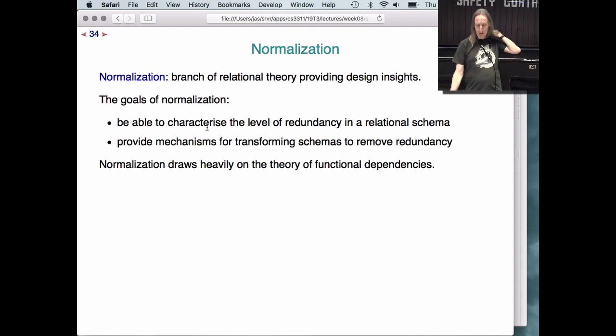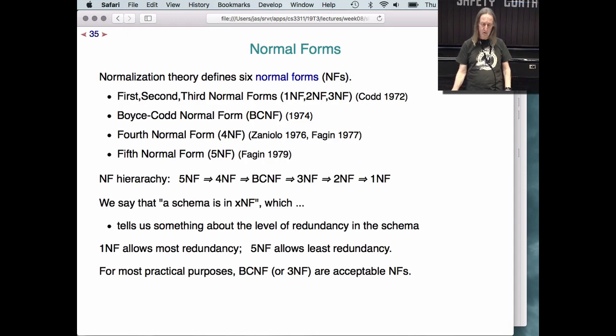So, the first thing that normalisation gives us is the ability to say how much redundancy is in this schema. And the second thing that it gives us is a bunch of algorithms that allow us to transform the schema into something which is less redundant. And of course, to do this, once again, we're drawing on functional dependencies, so that's why they're important.